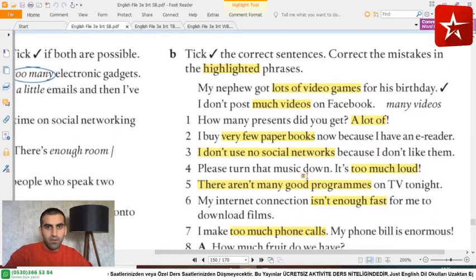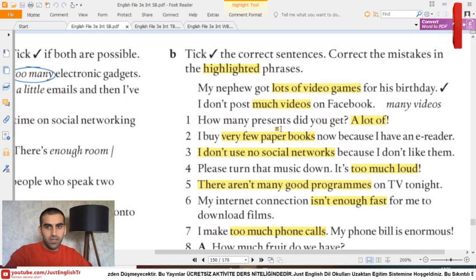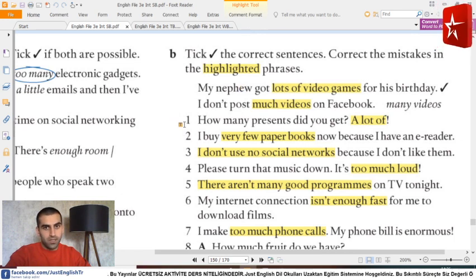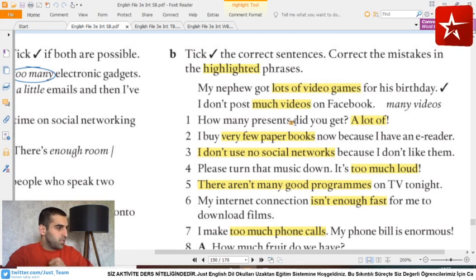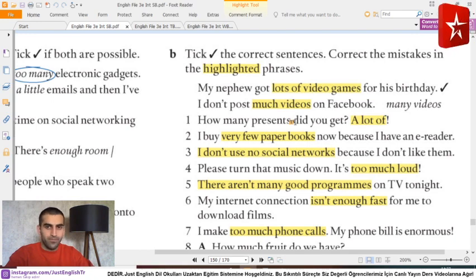In part B, we should take the correct sentences, correct the mistakes in the highlighted phrases. Look at here. We should tick if the sentence is correct. If there's a mistake, you should tell me where the mistake is, why the sentence is incorrect.